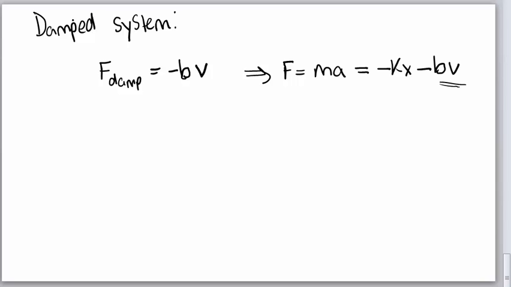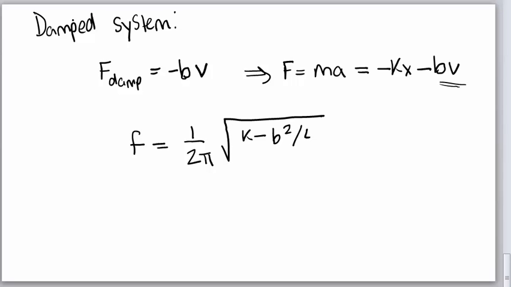And it turns out that the frequency of the damped system is a little bit different. The frequency is given by 1 over 2 pi times the square root of k minus b squared over 4m, all over m. So the frequency is a little bit less in the case of the damped system.